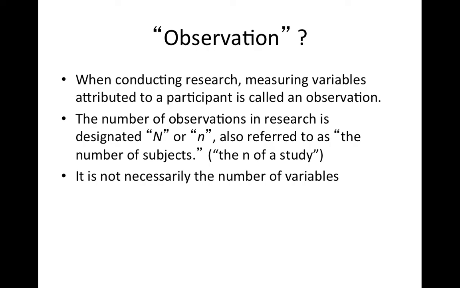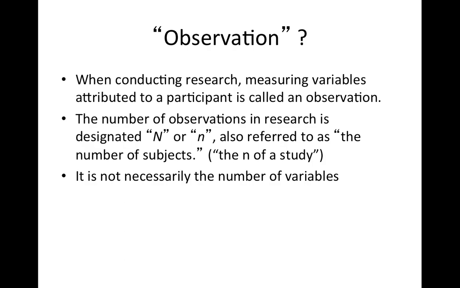Now, I've been talking a lot about observations. Again, the goal of this lecture was to talk about basic terminology. When conducting research, measuring variables attributed to a participant is called an observation. That's what we do. We go and measure something, and when we take a measurement, we call that an observation. The number of observations in research is designated usually in an experiment or in a study with the letter N, big N or little n.